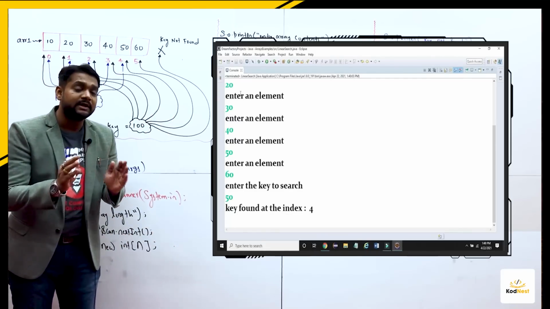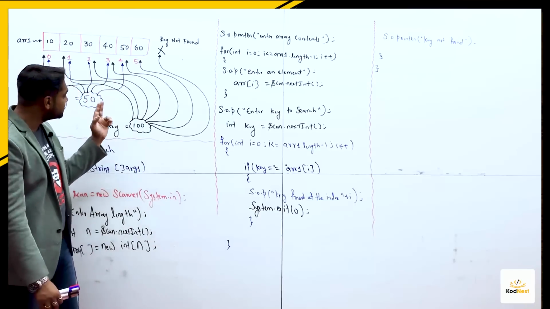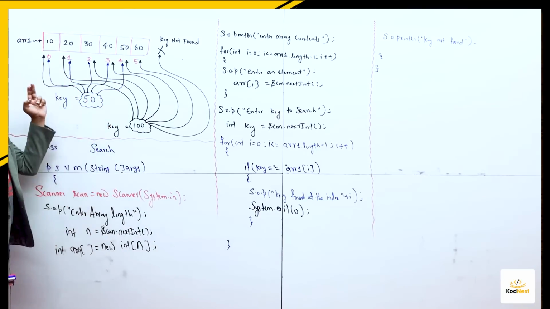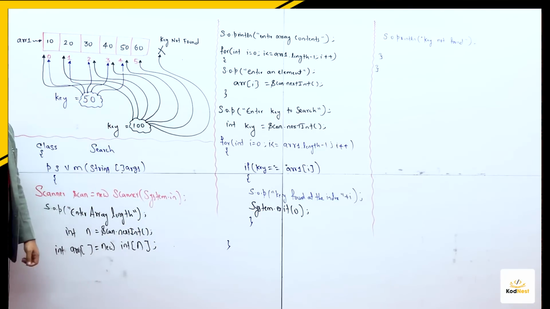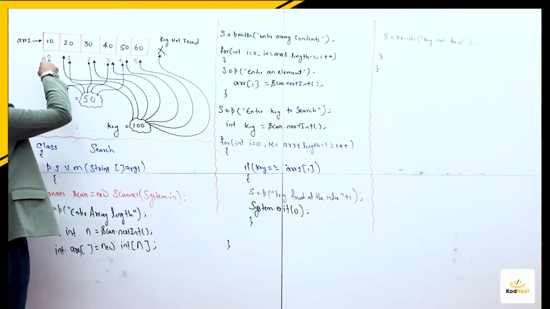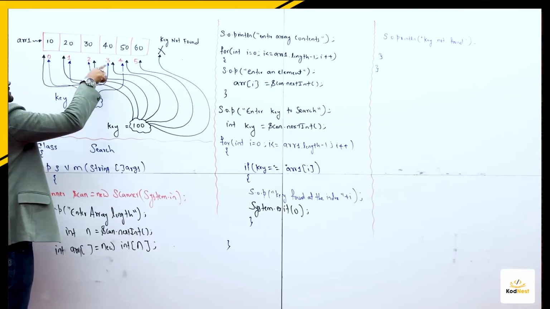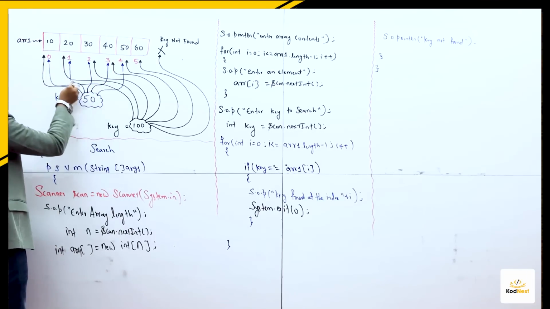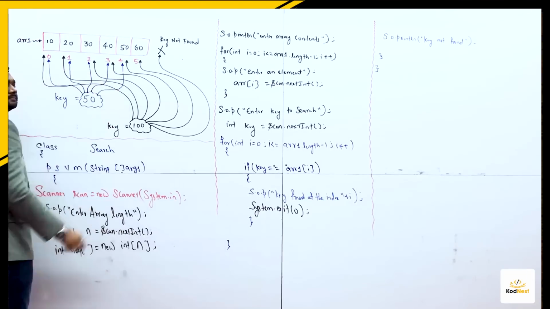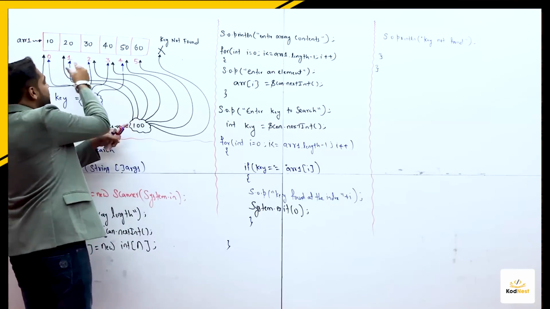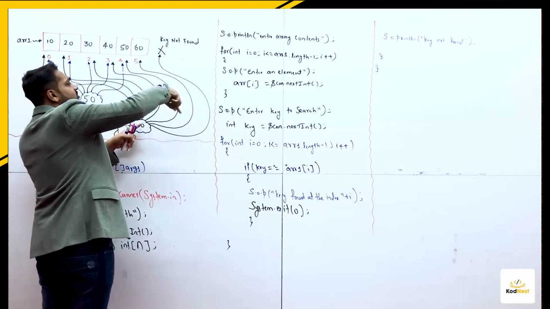I hope I am completely clear about how to search a particular element or a key in an array. How did we search? We searched one after the other, correct? We started from 0, one after the other we have searched.